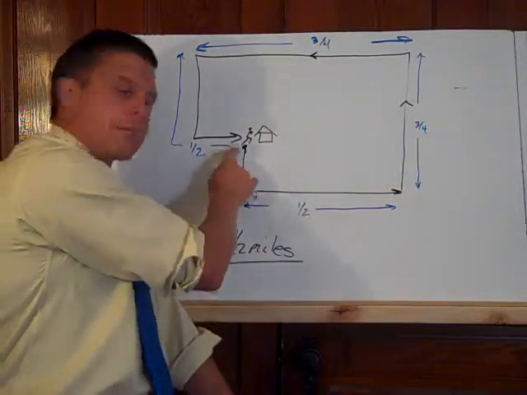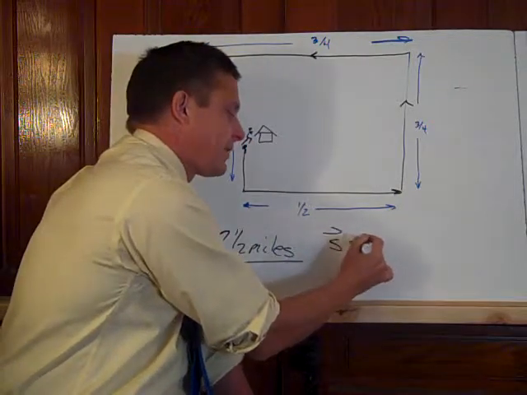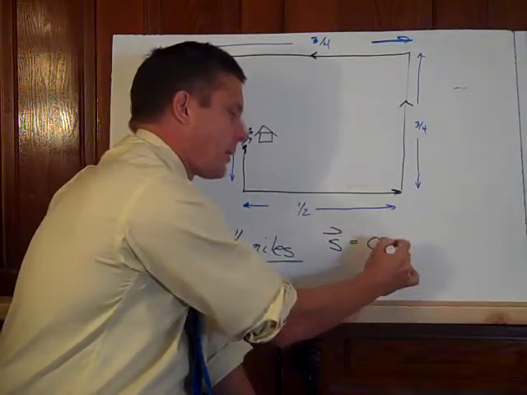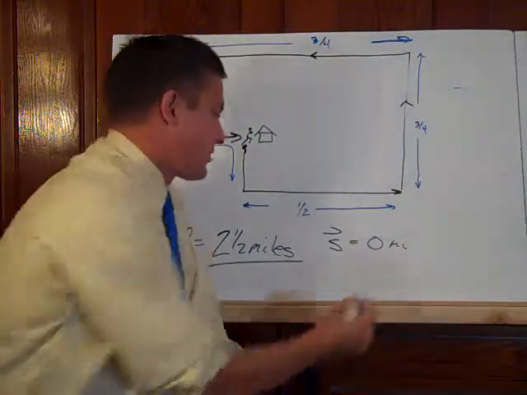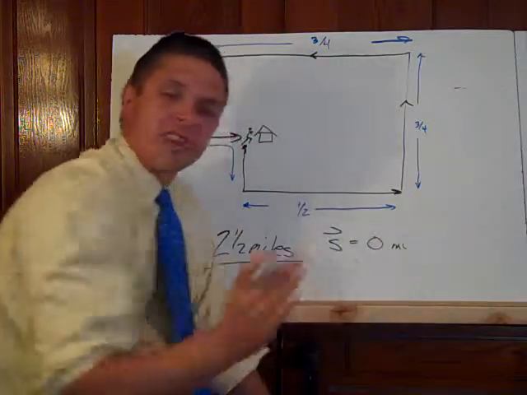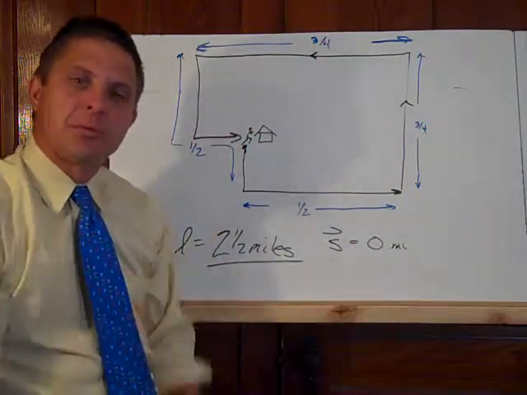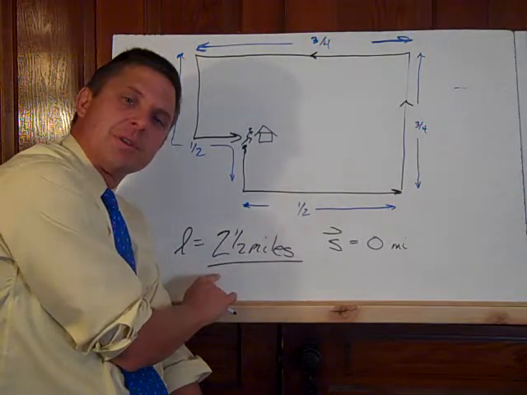I start here, I run all the way around, and I end here. My displacement is 0 miles, and then usually you have to have some direction, so maybe I'd say 0 miles north or south. When you're 0, it doesn't matter which direction, but a distance is simply a magnitude. It's simply a number.